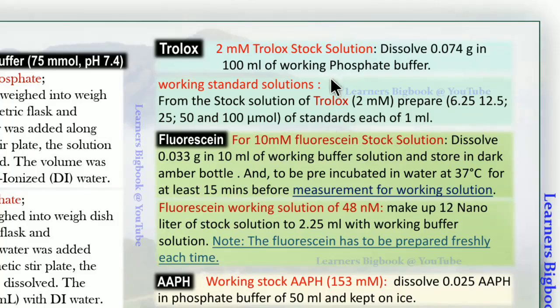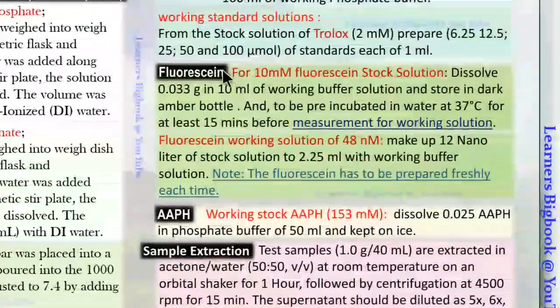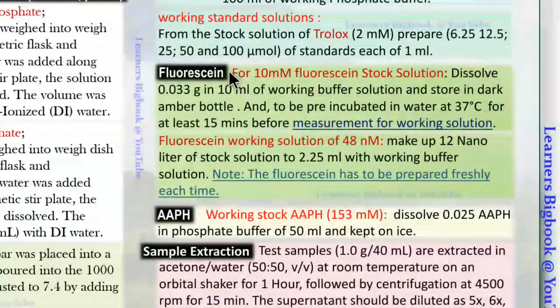Further is fluorescein. Fluorescein has to be of 10 millimolar concentration, where the stock solution should be prepared by dissolving 0.033 grams in 10 ml of working buffer solution, stored in a dark amber bottle, and pre-incubated in water at 37 degrees centigrade for at least 15 minutes before measurement for the working solution.